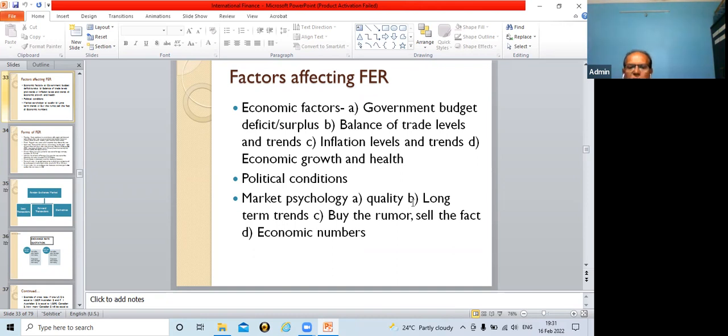We do not depend on other countries. India is sufficient to provide milk to its citizens. This is because of the white revolution, and the credit goes to Verghese Kurian. Have you heard this name, Verghese Kurian?